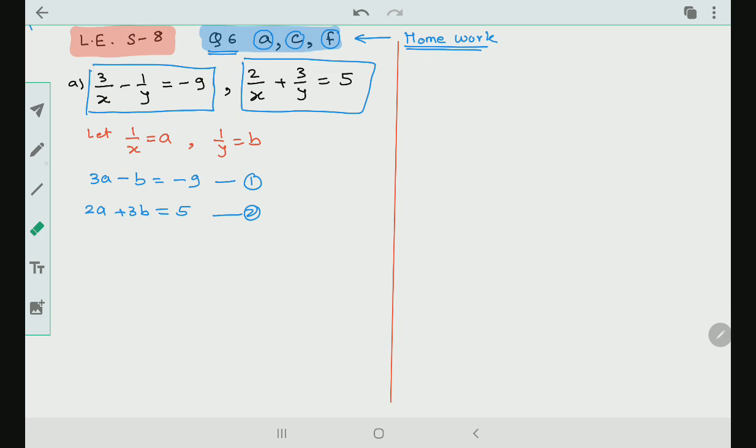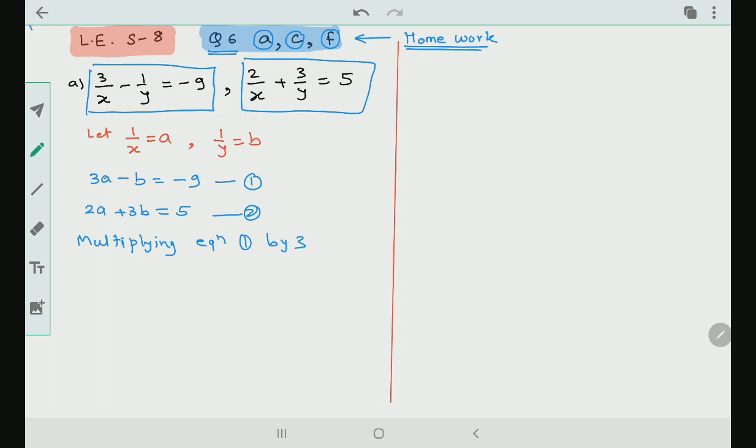Let's try solving it. Which one variable would you like to eliminate? For me, b is easy, correct? So what can I do to eliminate b? Multiply equation number 1 by 3, correct?